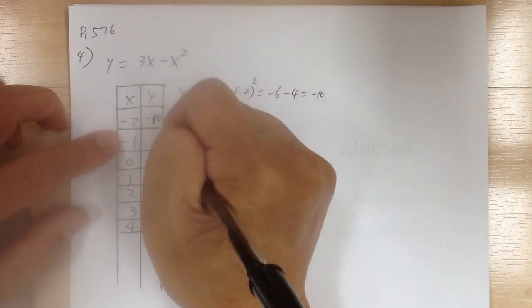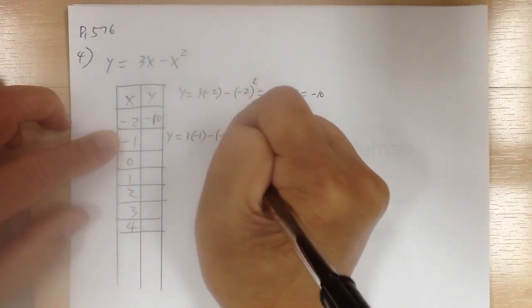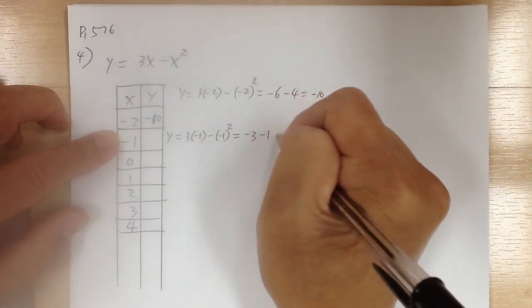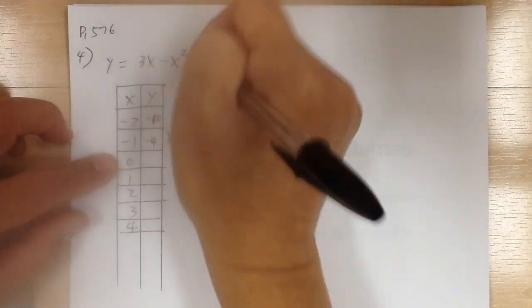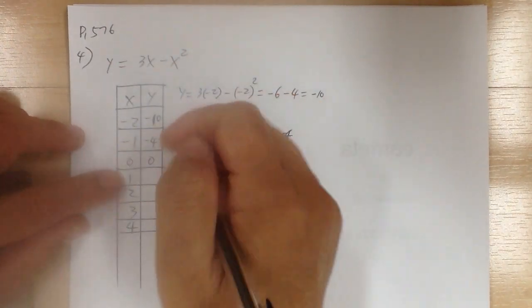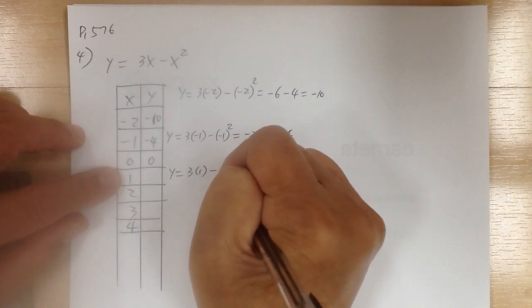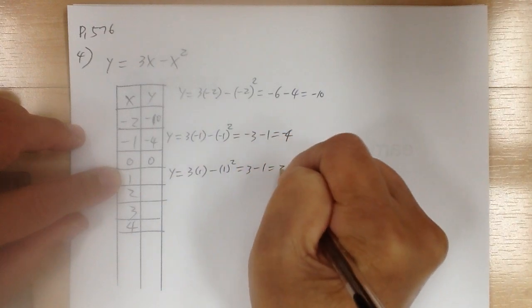Okay, and same thing with this one. For -1, you got y equal to 3 times -1 minus -1 squared, and this will equal to -3 minus 1 equal to -4. Okay, when it's 0, everything is going to equal to 0. Okay, and this one 1, so it'll be 3 times 1 minus 1 squared. So this will equal to 3 minus 1 equal to 2.